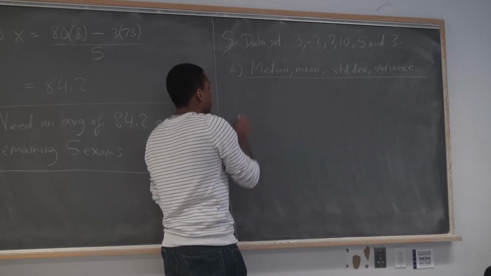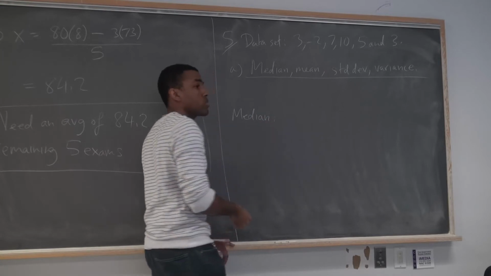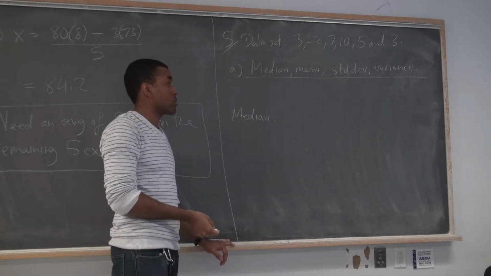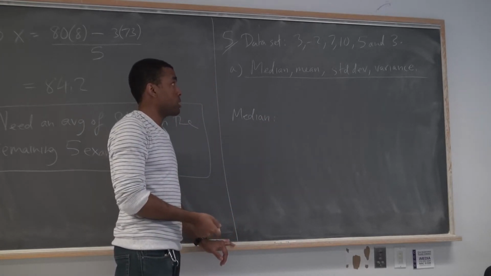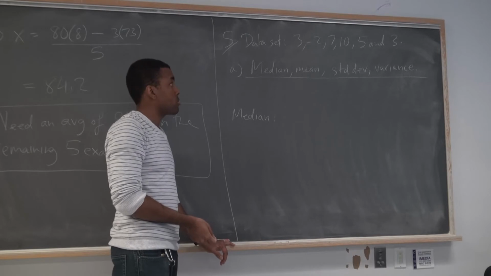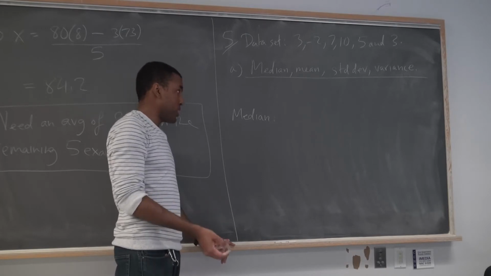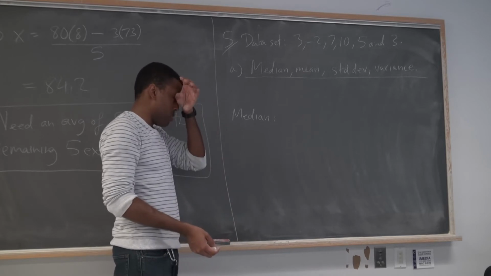So how do we get to the median? The middle guy. How do we get to the middle guy? Is there anything we have to do first? You have to make sure they're in order before you can say who the median is.